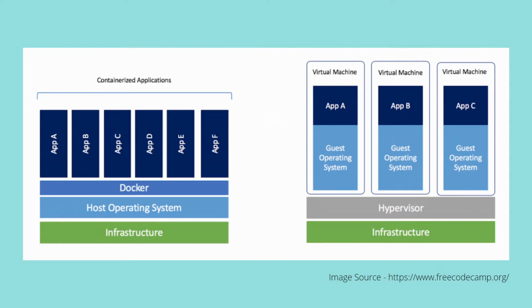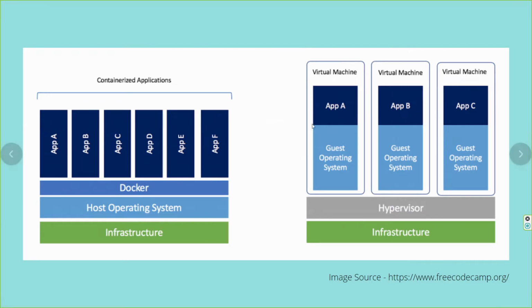Using that guest operating system, you can deploy your own app in each virtual machine. Here you should know that virtual machines are heavyweight. They take more memory, storage, power, network capacity, and many other things than using Docker.